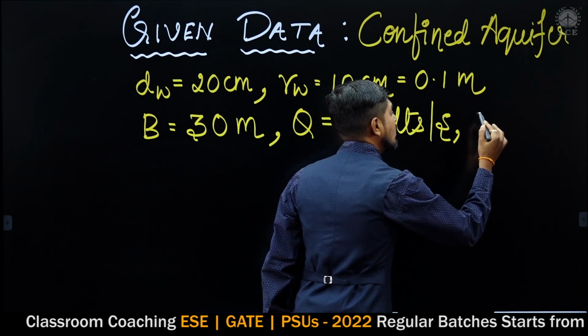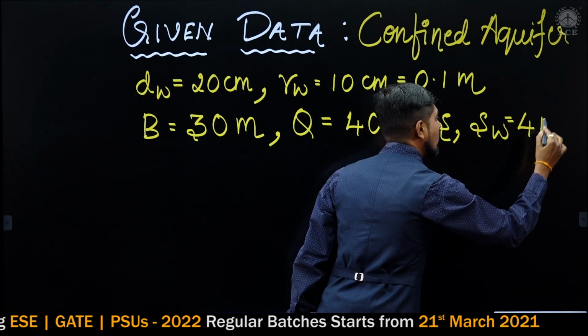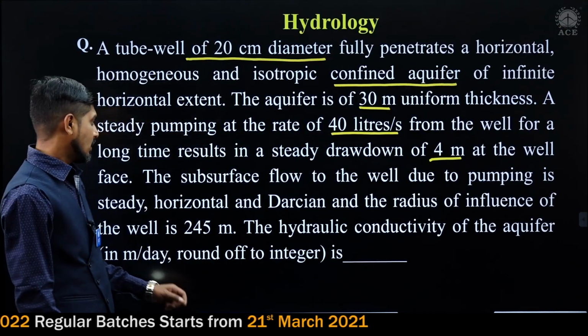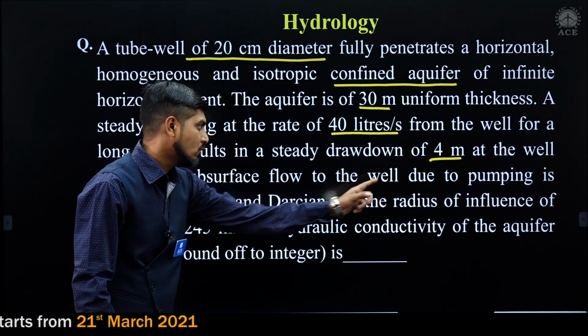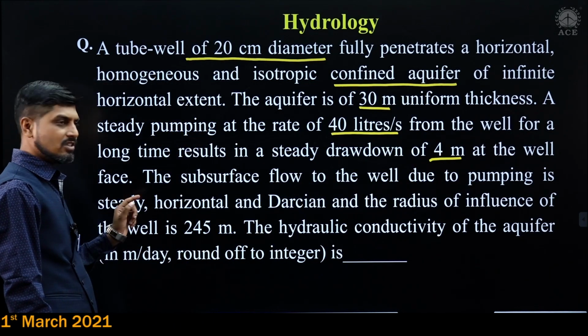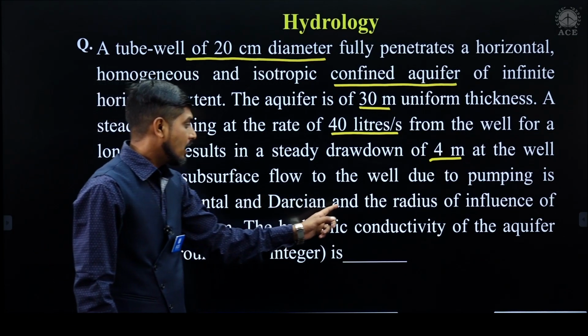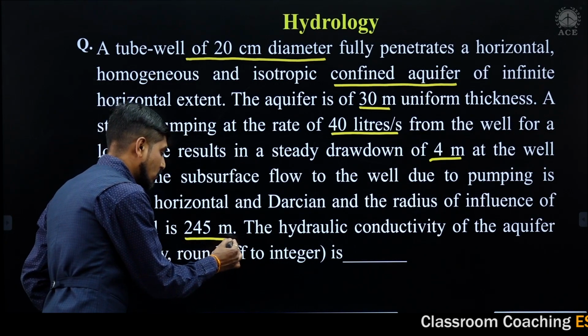So SW, the drawdown in the well, is 4 meter. Continue. The subsurface flow to the well due to pumping is steady, horizontal and Darcian, and the radius of influence of the well is 245 meter.